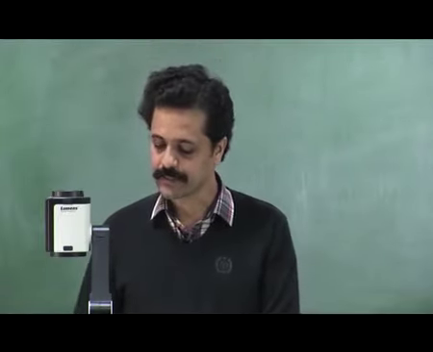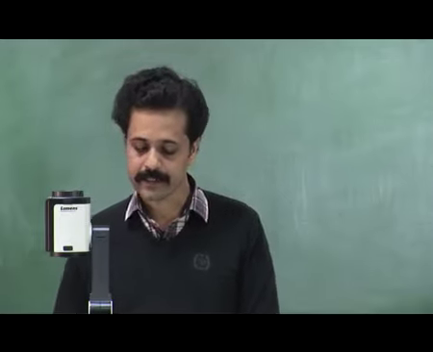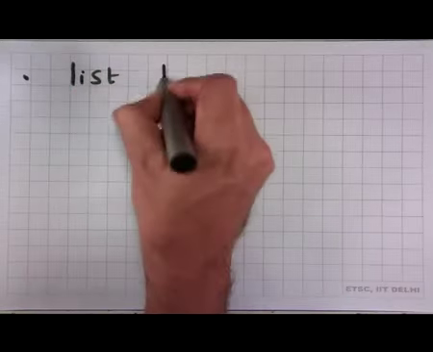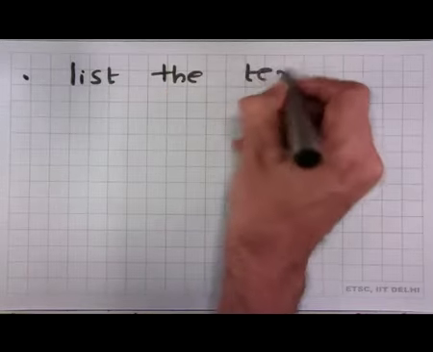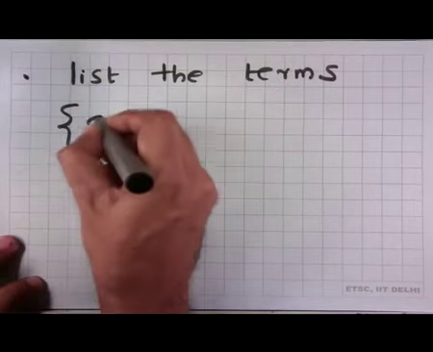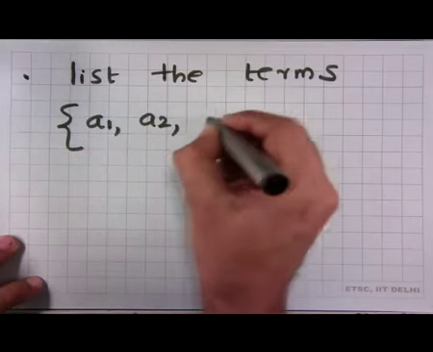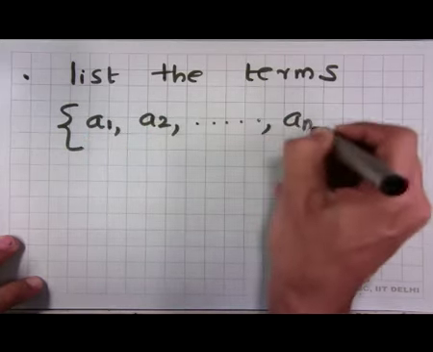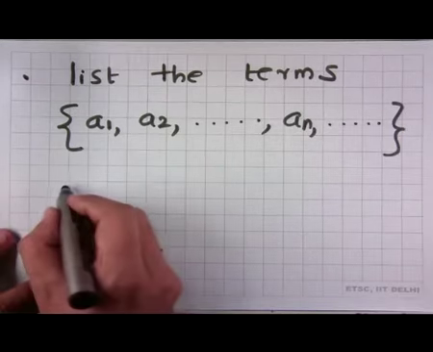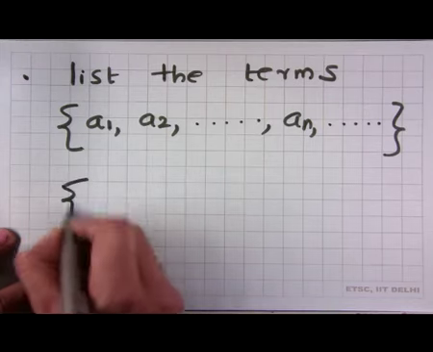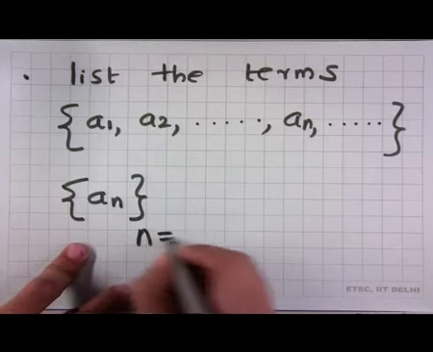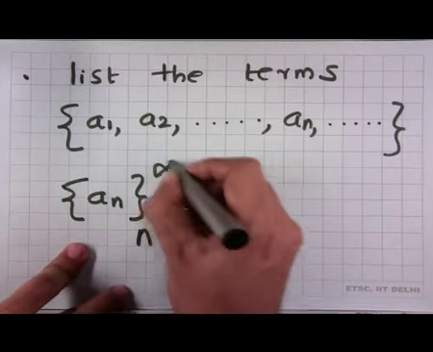Another way to describe a sequence is to list its terms, and write a sequence as A1, A2, so on, AN, and so on. In a compact manner, this can be written also as set AN, n is equal to 1 to infinity.